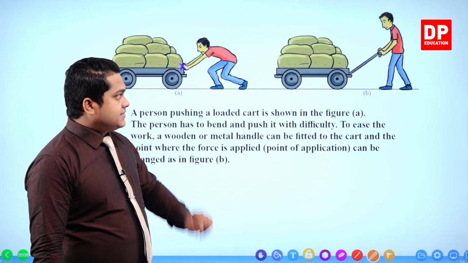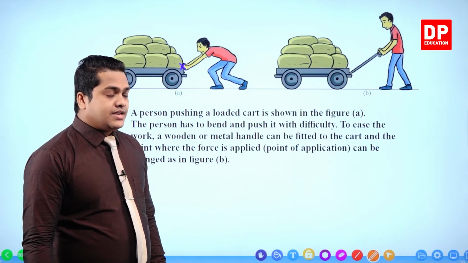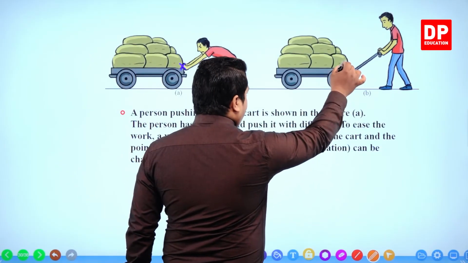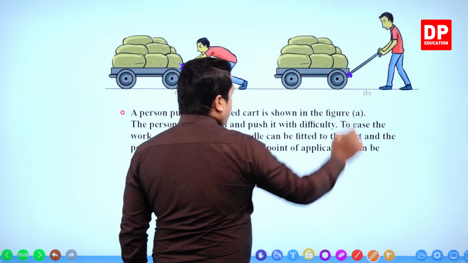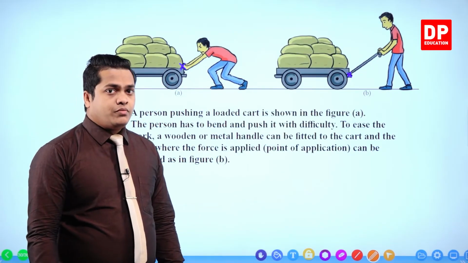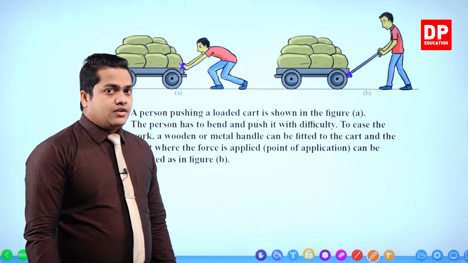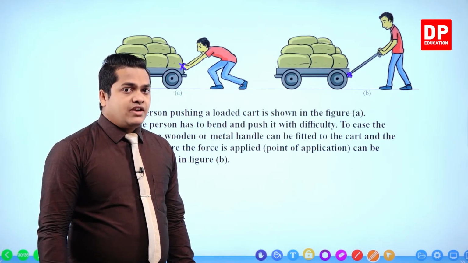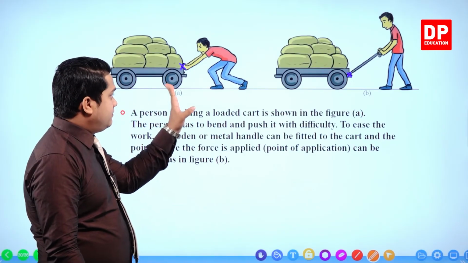But in the second case, the person is using a handle and the force is not applied to here but to here. So here you can clearly see the difference between the two points of application. So over there at B, the point of application is somewhat different rather than the first case.